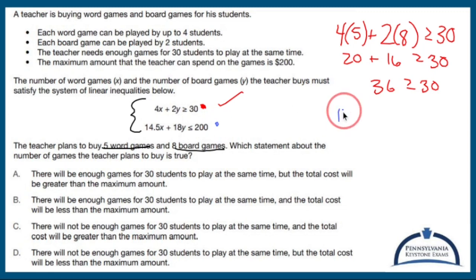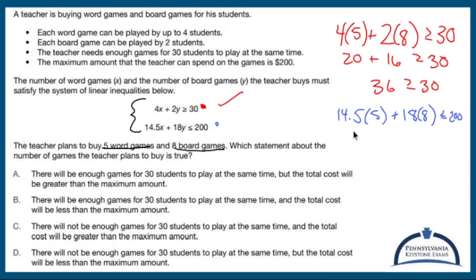Thing number 2 is, am I spending too much money? So 14.5 times X, which is word games, which is 5, plus 18 times 8 must be less than or equal to 200, and I have to find out if that's a true statement or not.